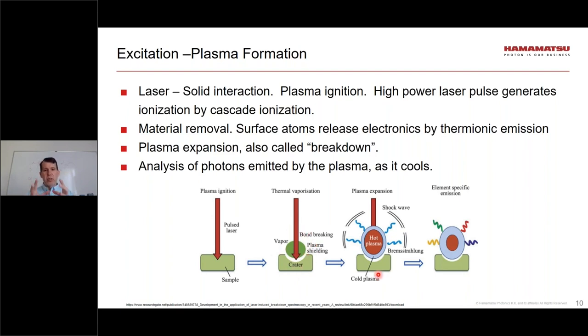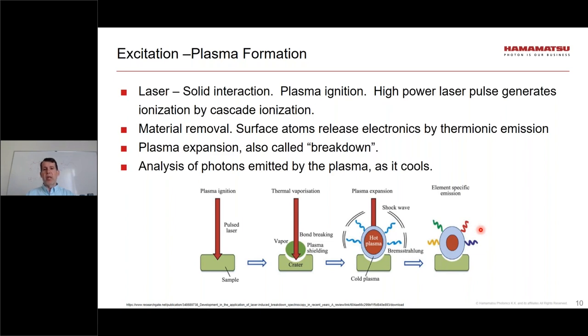As the laser continues to excite the sample, more and more atoms are generated, and this is where the hot plasma is formed, and this is where the term breakdown occurs, as the atoms are breaking down with electrons being excited to the higher energy states before the final phase of the plasma, which is as it starts to cool.